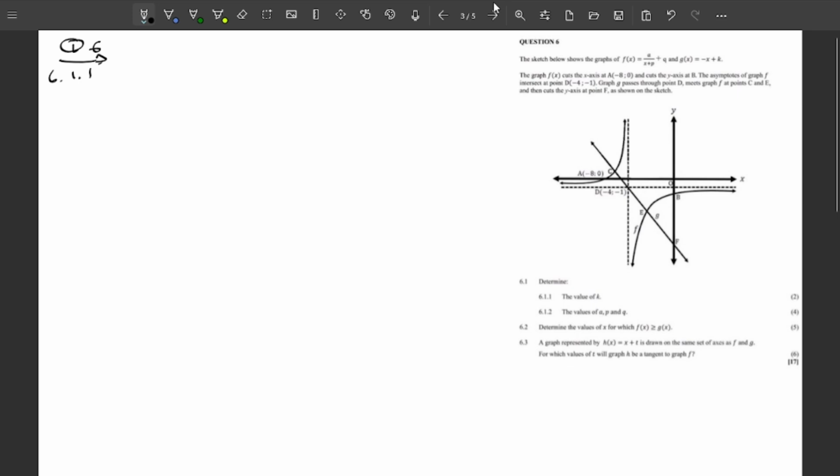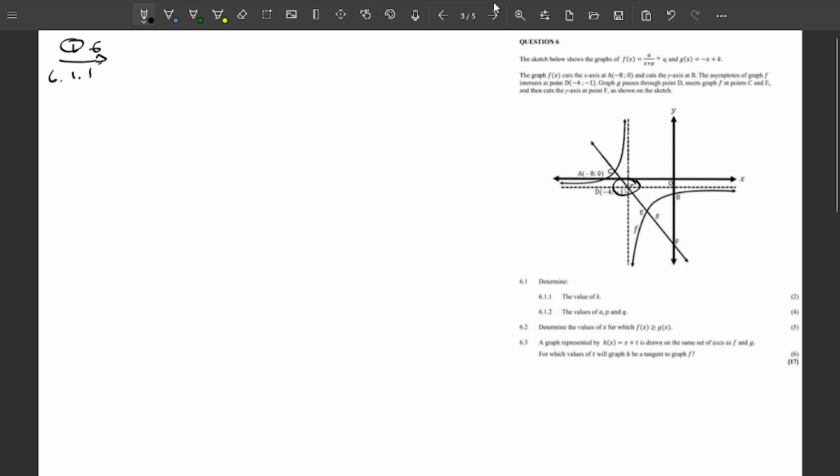And they said the value of a, let's find our a, which is here. They said the graph of f cuts this one, okay? And they told us something important, which was D. Now our D is the asymptote. The asymptotes of graph f intersect at the point D, right? So this is the point D here, right?